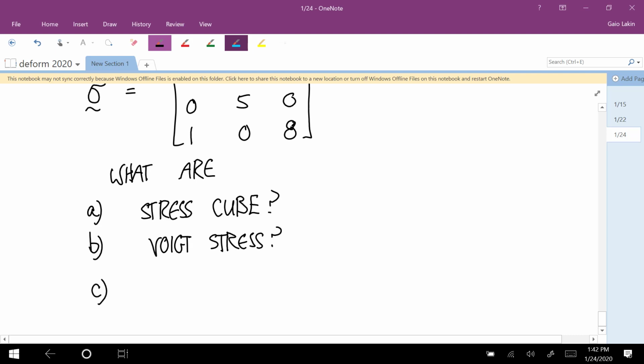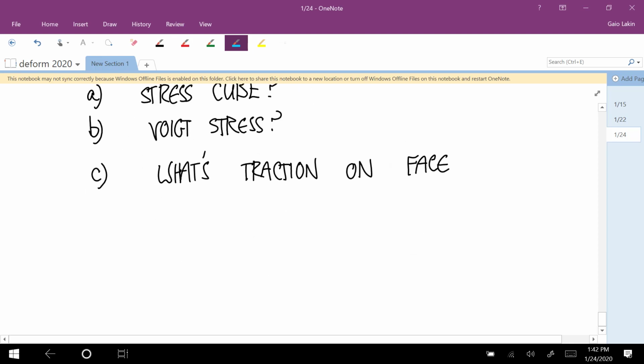And third, what's the traction on a face that's oriented, let's say, okay, so we want to figure out the traction on a face oriented like this one, where this angle is 30 degrees.